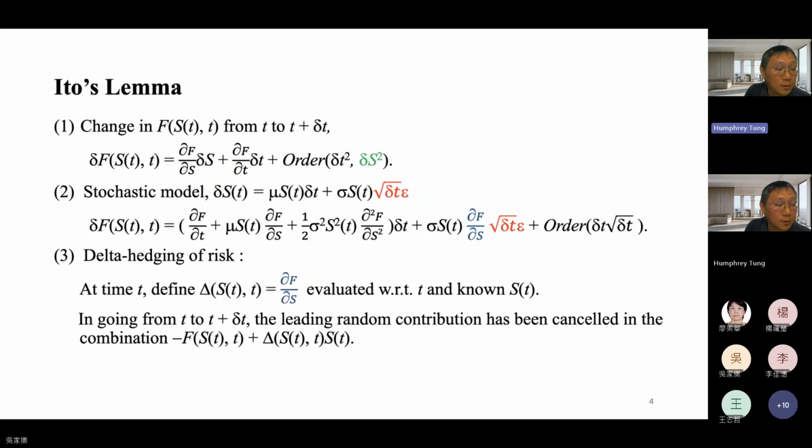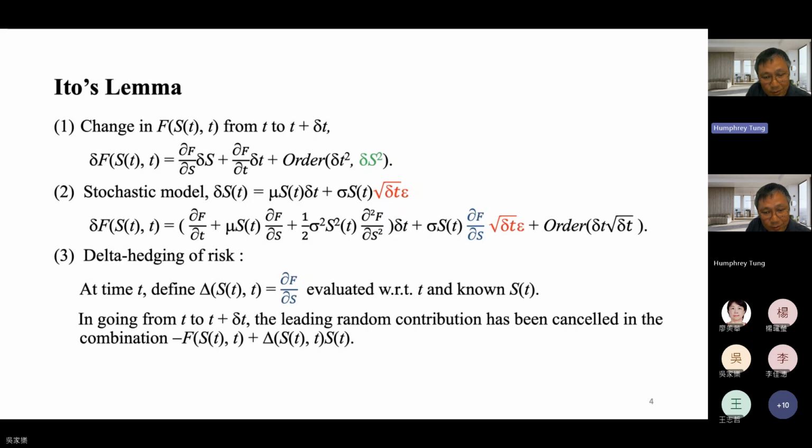So you can compare. In bullet two, if you compare the stochastic model, the two terms in red: if the underlying asset price random walks one step, there's a random term in red, and the corresponding random movement for the option price after one step is also a term in red.